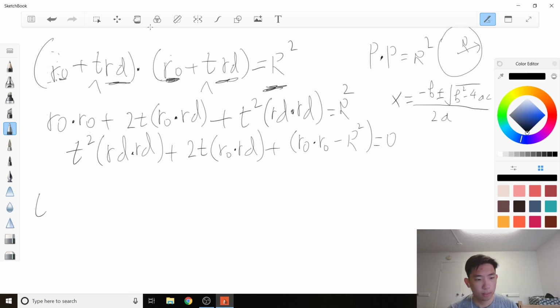So we can write t out using this quadratic formula.